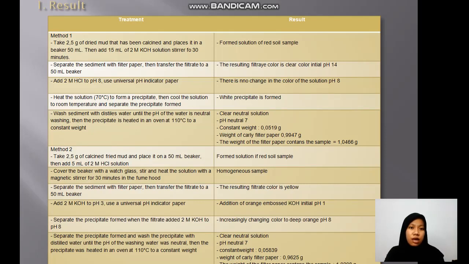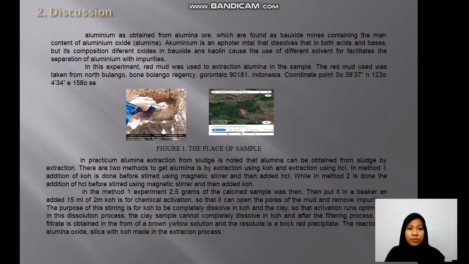This is the result and discussion. Number one, result, next page, discussion. Aluminium is obtained from alumina ore, which is found as bauxite mine containing the main content of aluminum oxide. In this experiment, red mud was used to extract alumina in the sample.